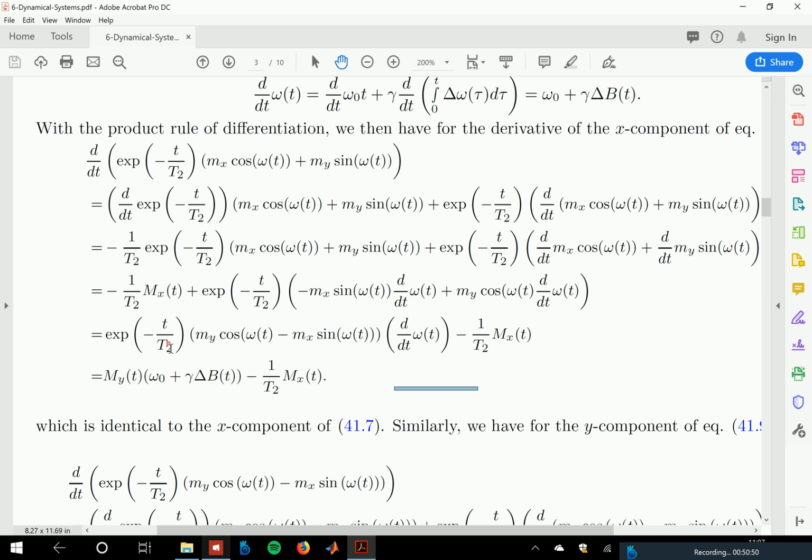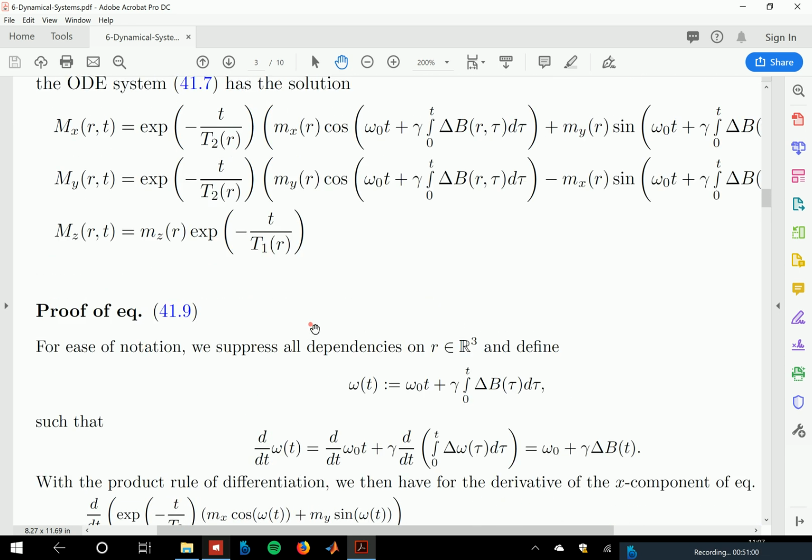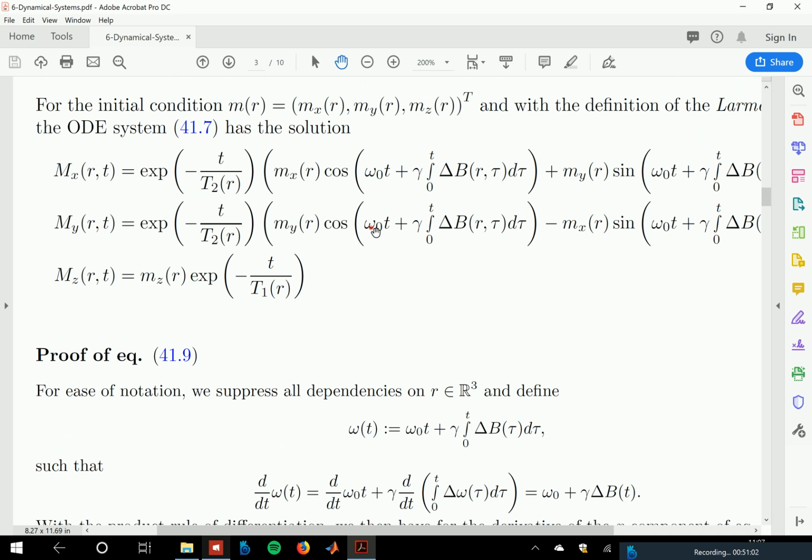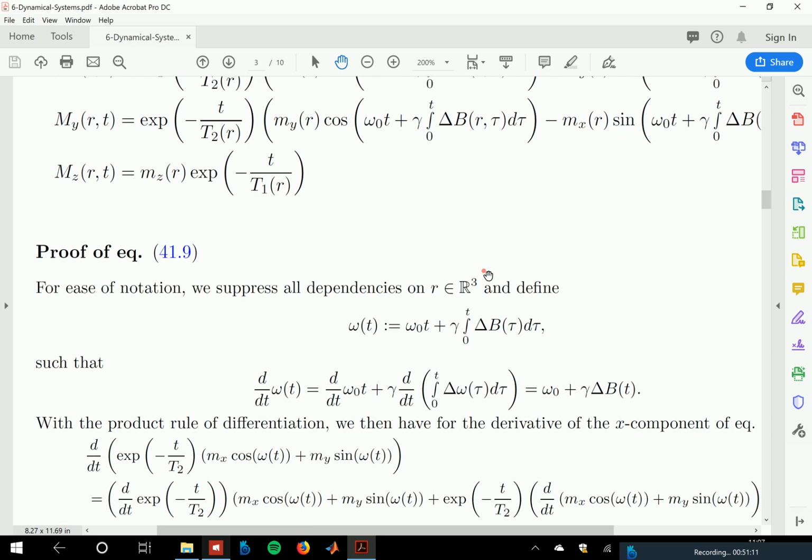The reason I'm doing this is that this x minus t over t2 my cos omega t, mx sin omega t, this is our solution my. Again, if you replace this business here with omega t, you have a cos of omega t minus an mx of the sine of omega t.